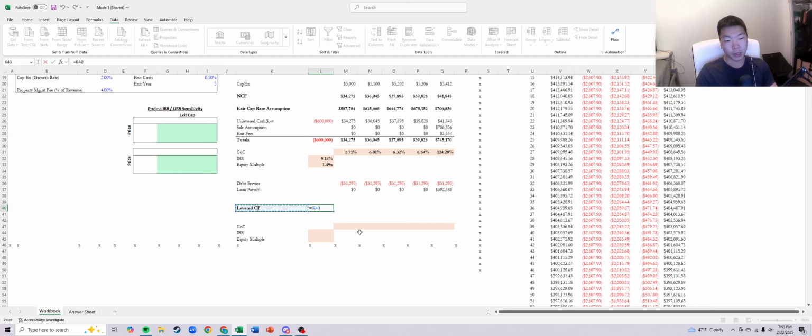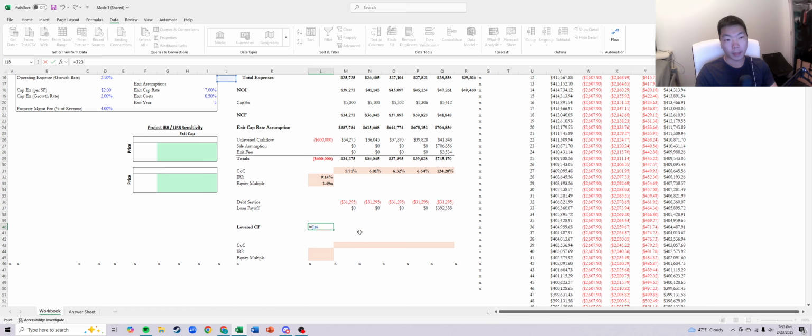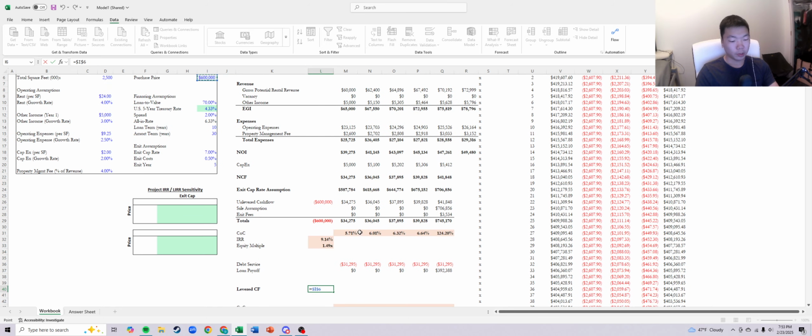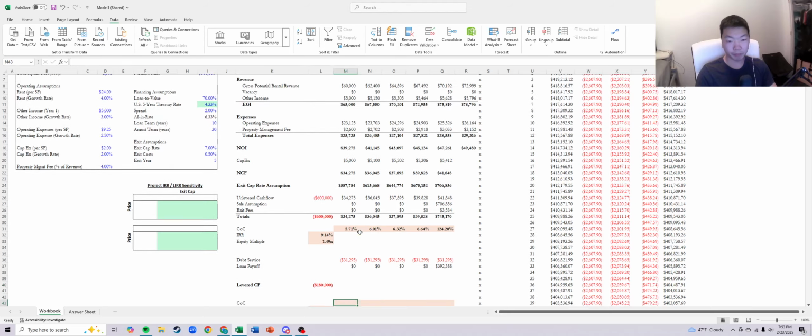That will be my purchase price times 1 minus my LTV, because I don't want the loan amount, I want whatever's left over, my equity check. So that would be negative because I'm spending money on that.